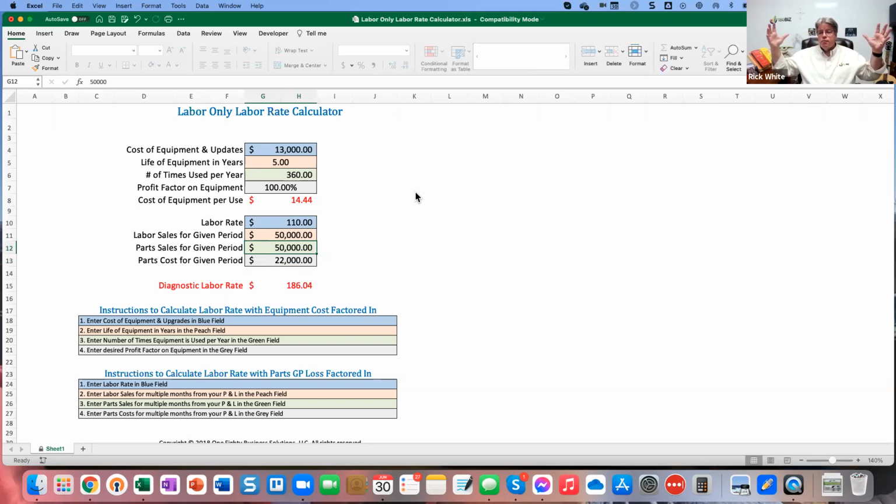Usually the bigger the period of time, the more accurate the number will be. I would run this for probably a quarter or half a year. So based on a shop that's got a $110 labor rate, their diagnostic rate should be $186.04. That makes up for the tooling and the parts gross profit loss.